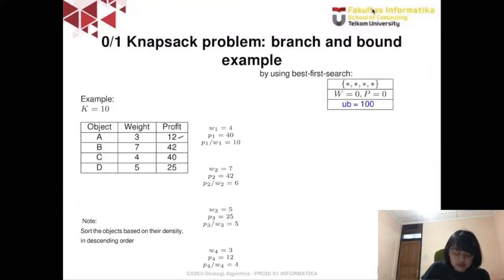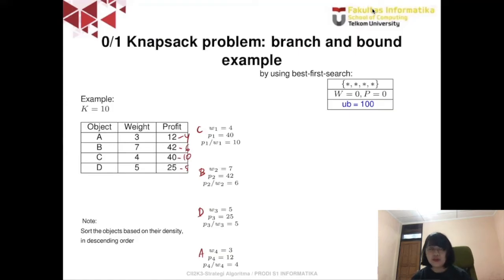Here we have density of 4, and then density of 6, 10, and 5. Next, we sort them based on the density. So the first one will be item C, the next one will be item B, the next one will be item D, and the final one will be item A.